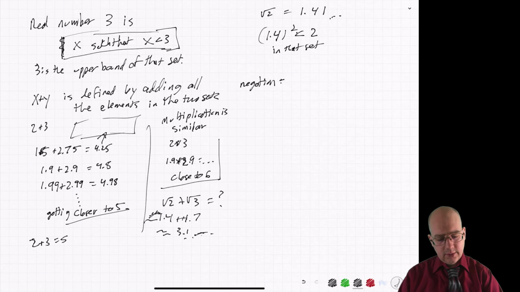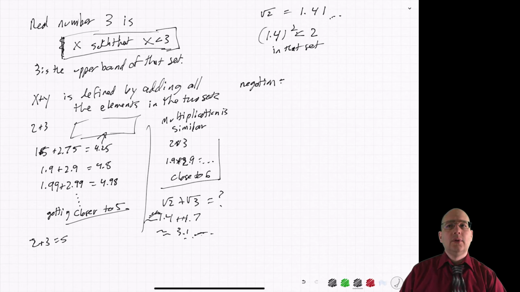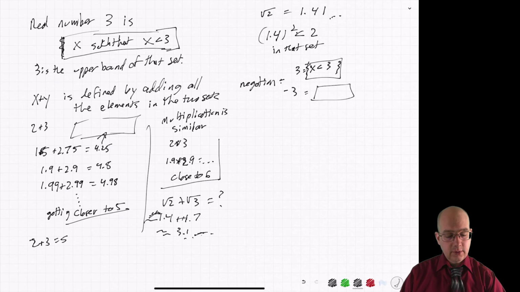So if you had x less than 3, then minus 3 is basically all the x less than minus 3, obviously.